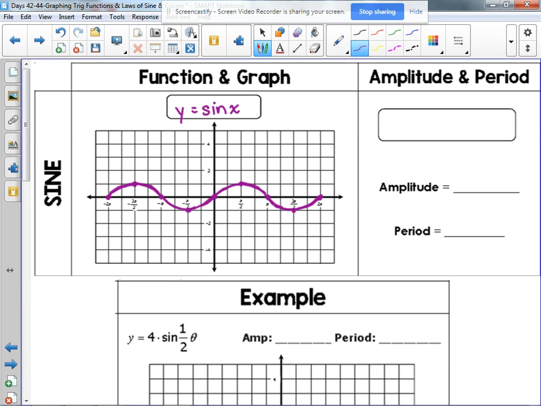Now, amplitude and period, that is something that we need to discuss. So if we look at that, we're talking y equals a times the sine of bx. We can use x and theta interchangeably. So the amplitude, if you recall, that is the height of the function.